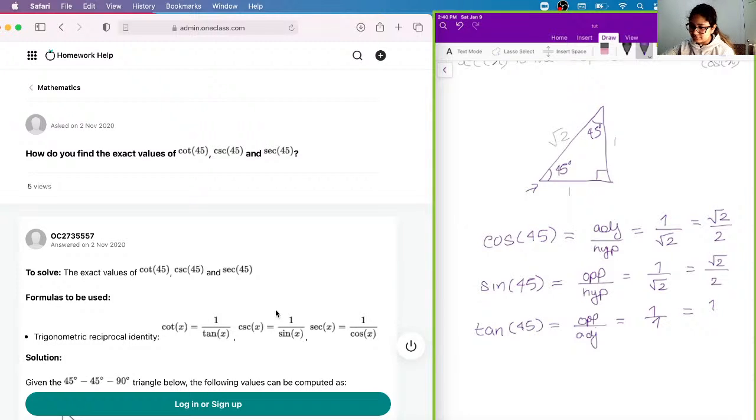Since we found our values for each of the 3 trigonometric functions, we can now find the reciprocal of them.